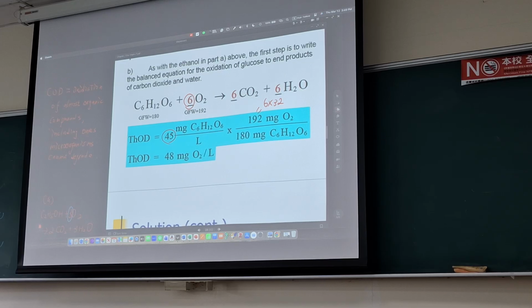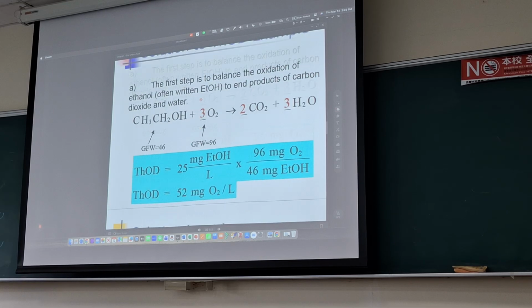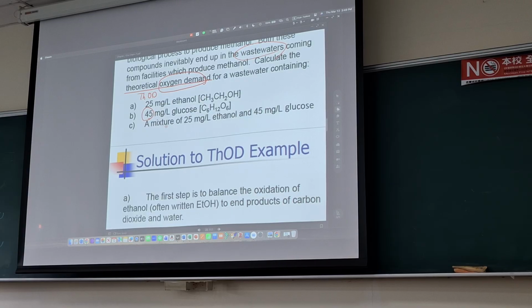So let's see next questions. So next question is the mixtures. I want to mention here the THOD can add up. So THOD total equals, in these questions, THOD ethanol plus THOD glucose.